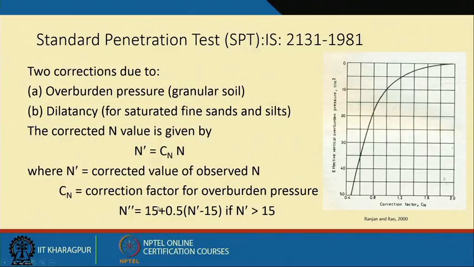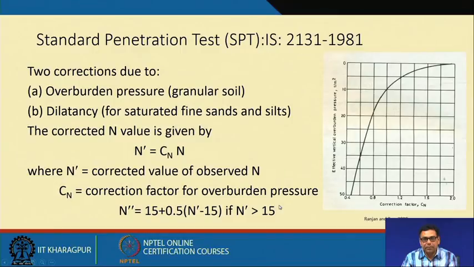Now if you look at this expression, suppose our N dash value is 25. What will happen? 25 minus 15 is equal to 10, by half, so it is 5. So 15 plus 5, 20.